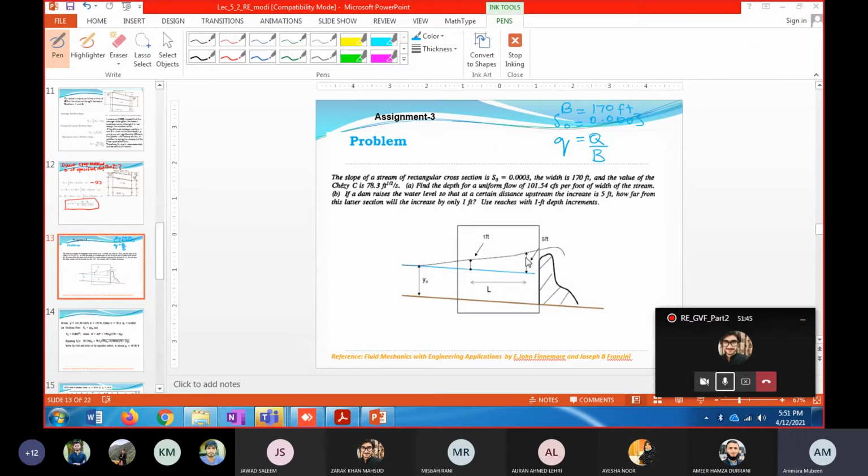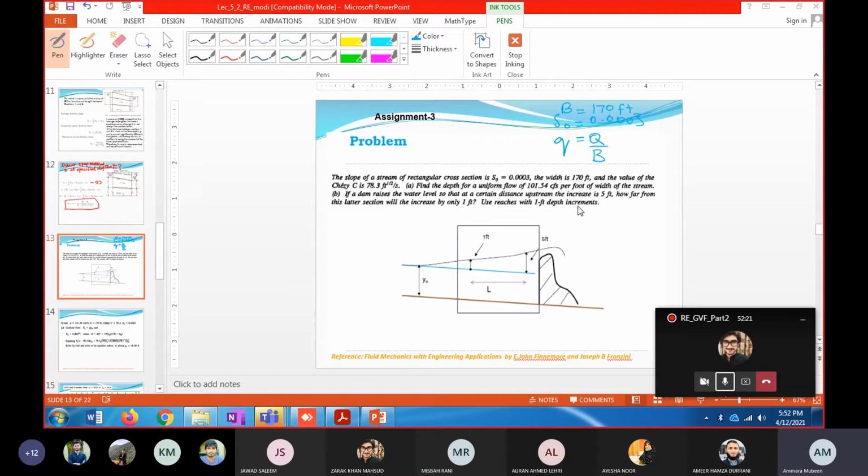You can divide the reach between these two depths into a number of different reaches, because they have demanded that you solve this question after dividing it into reaches.